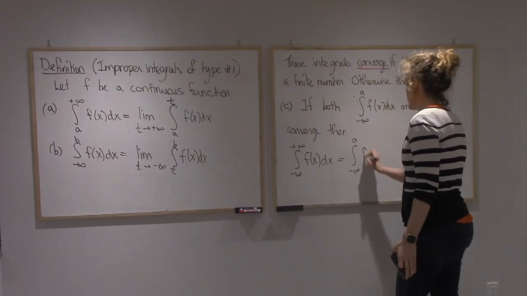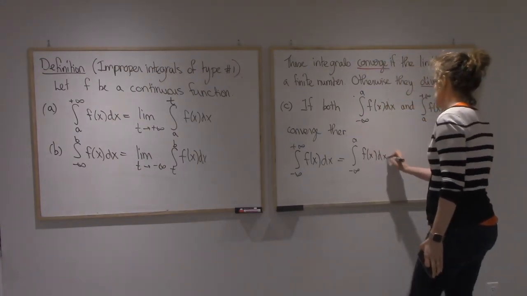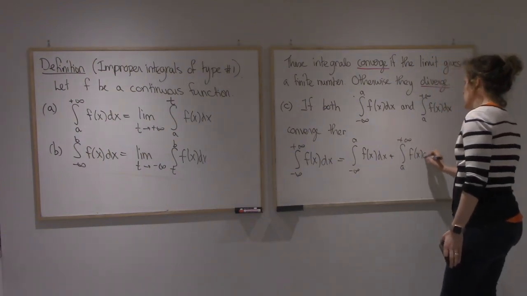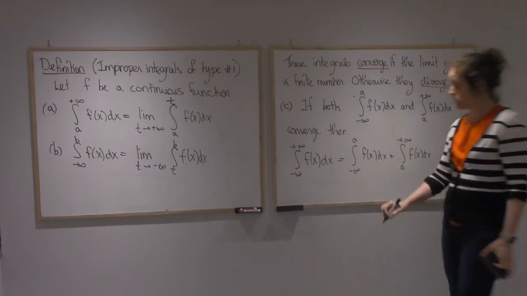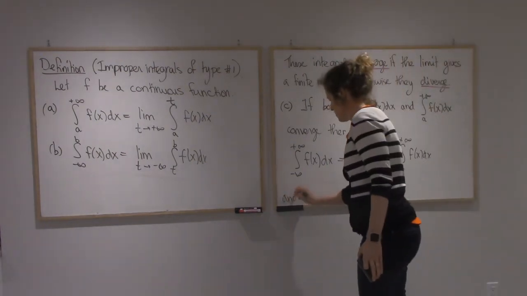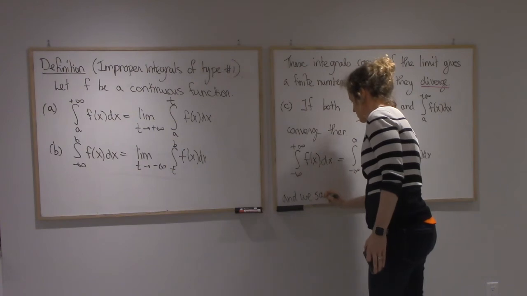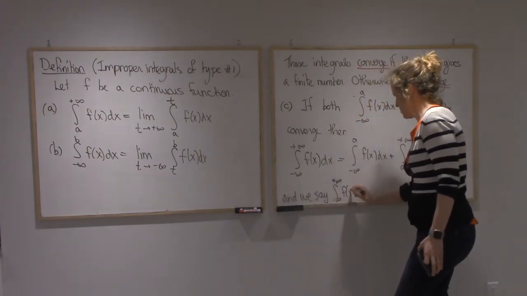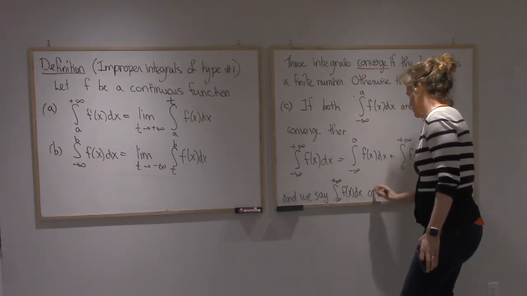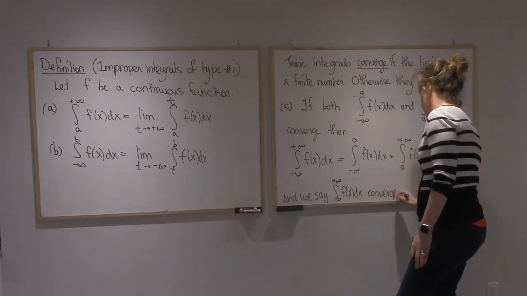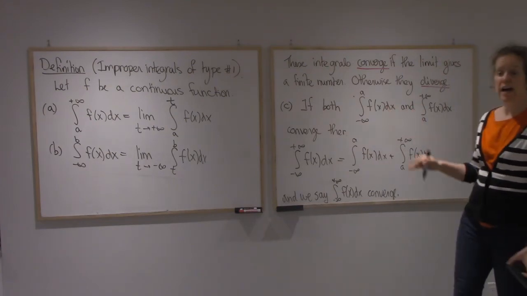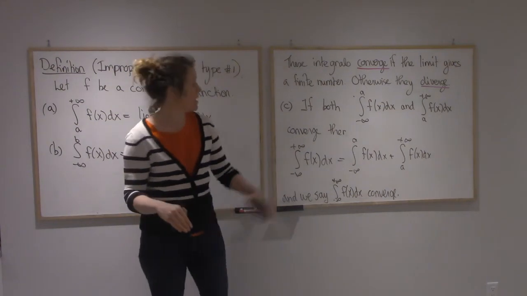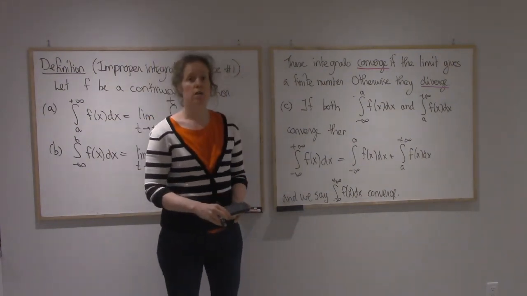So both are finite numbers, so we can just add them up, and we'll say that that integral converges. As soon as one of these diverges, as soon as one is plus infinity, minus infinity, or DNE, then this one would diverge as well.